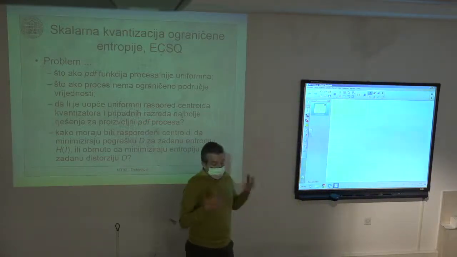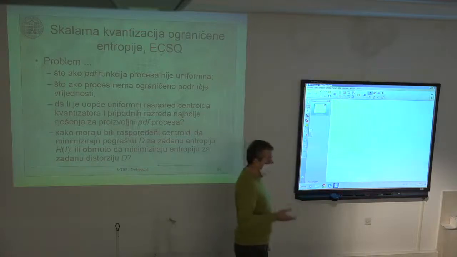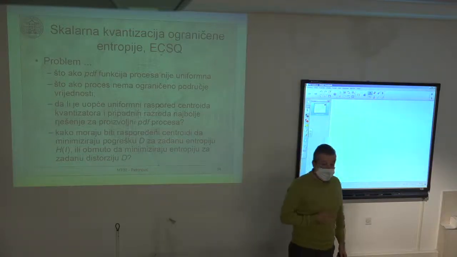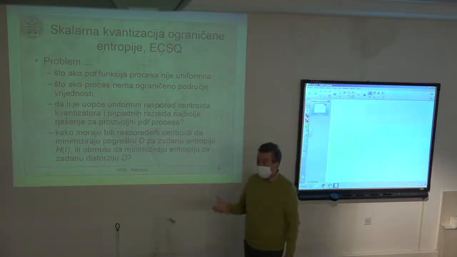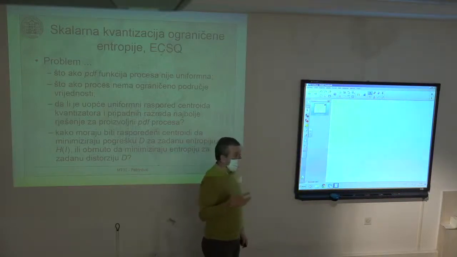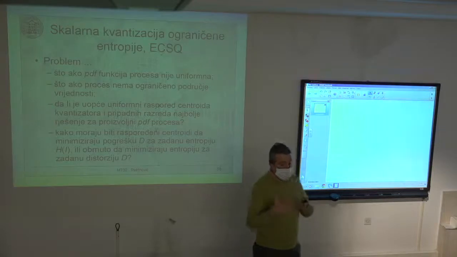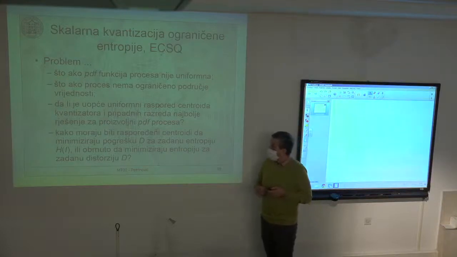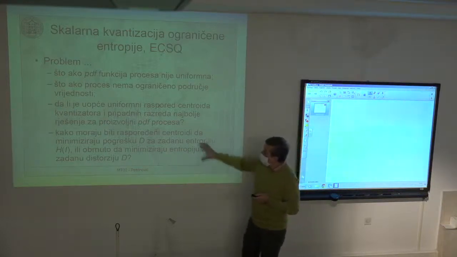So if the PDF, for example, is a normal or Gaussian distribution, is this uniform quantizer the optimal solution? Or maybe there is another possible distribution of quantization levels, non-uniform quantization levels, that would give lower distortion for such a PDF.